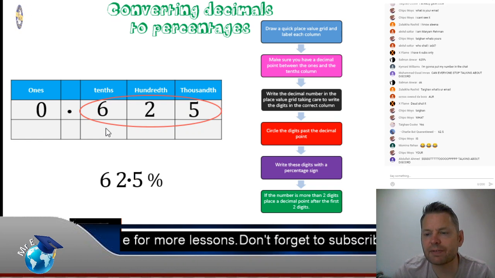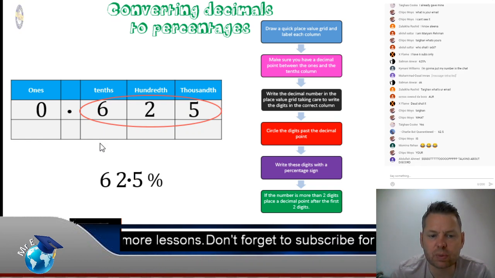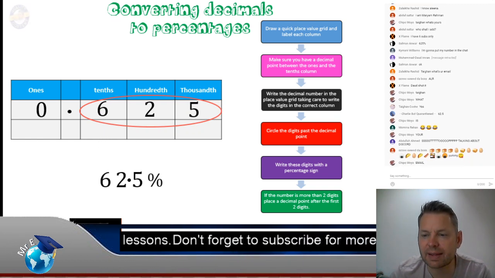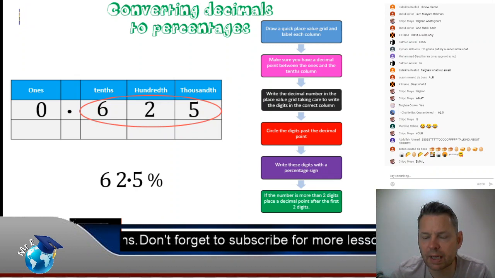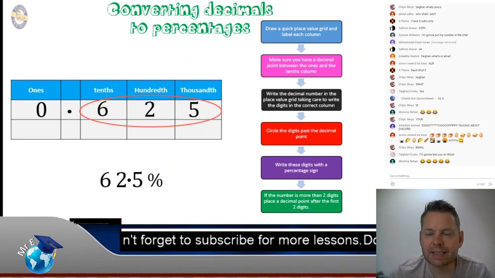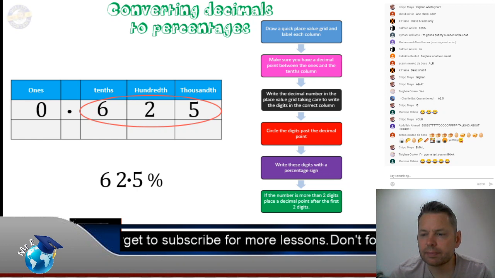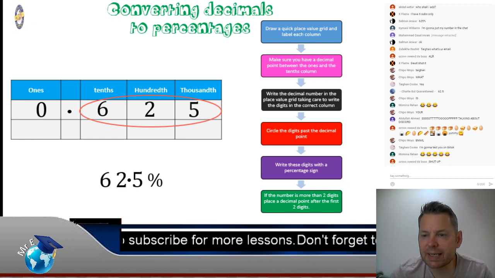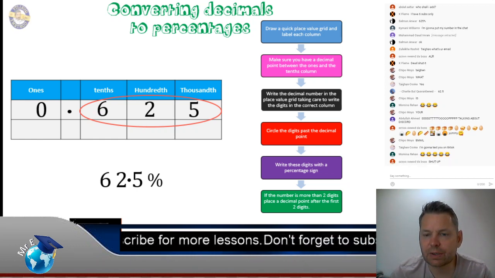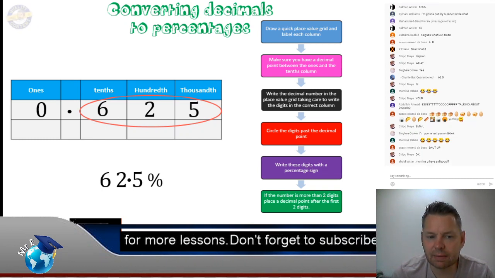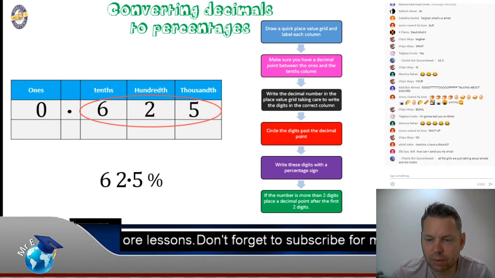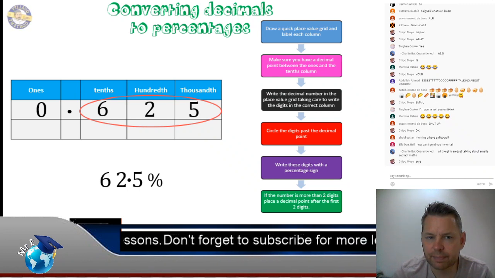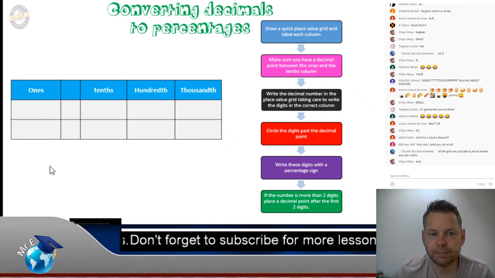If we were to write that as a fraction, it would be 625 over 1,000. We would need to get that 1,000 to 100. So if we divided by 10, we would have 625 divided by 10, which would be 62.5. Okay. We'll look at one more.